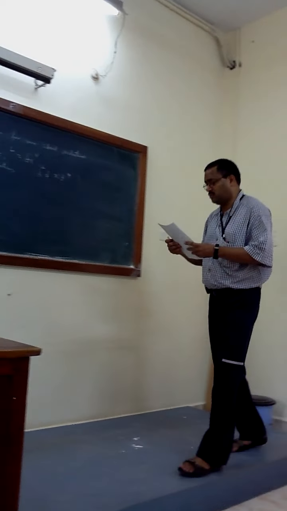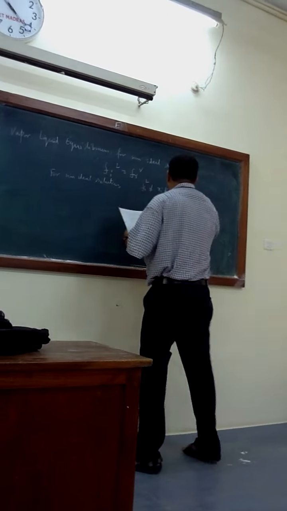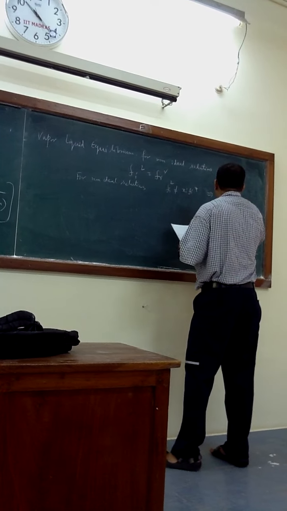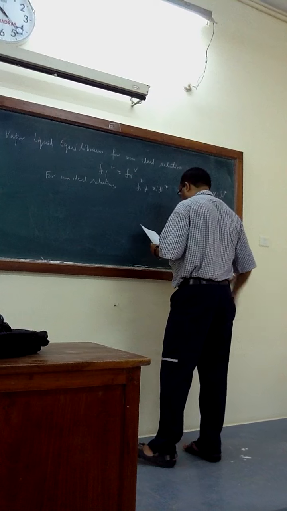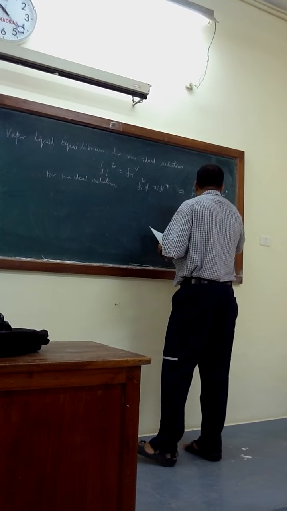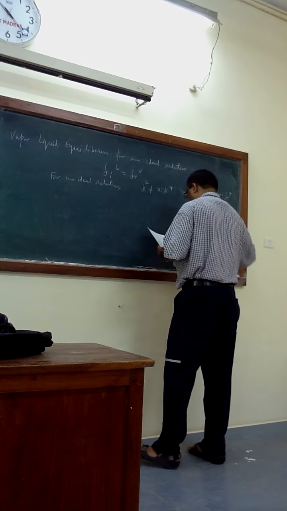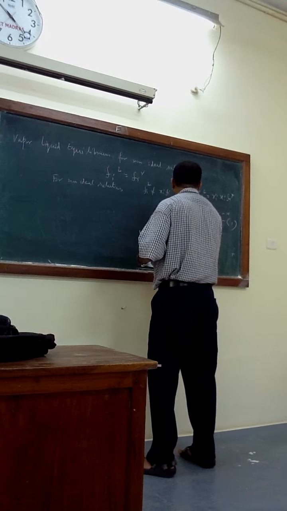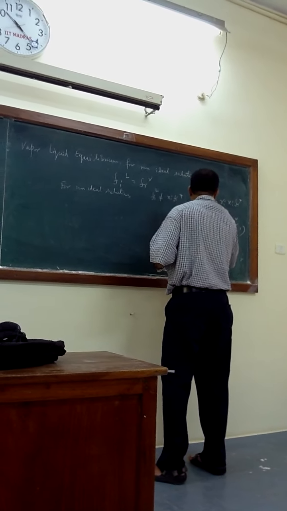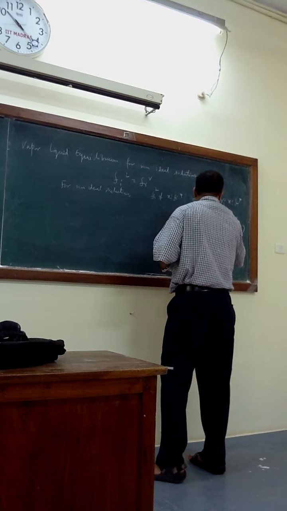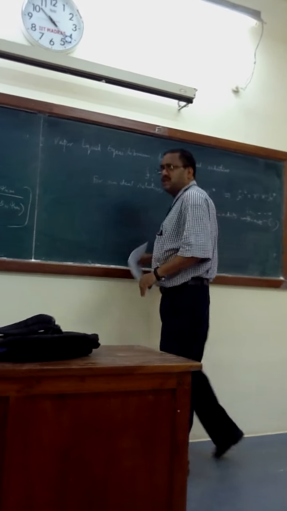That was the Lewis-Randall rule. And this will be modified as f_i^L equals gamma_i x_i f_i^star, for i equals 1 to n, which is equation number 1. And this gamma_i is known as the activity coefficient.